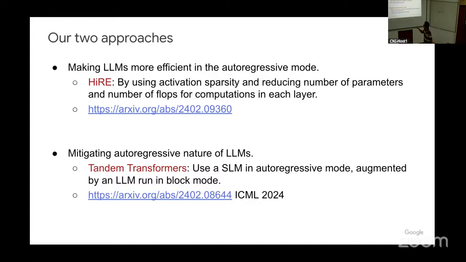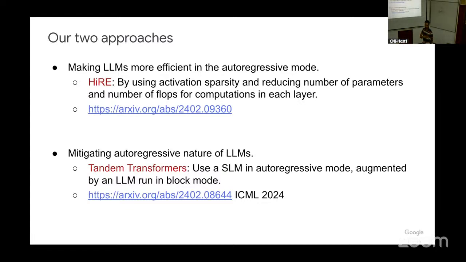Let me explain this in a bit more detail when we go into the HiRE method. The second approach is called tandem transformers, and the main idea here is to mitigate the autoregressive nature of LLMs. The high level idea is that we want to use a small language model in autoregressive mode, and a large language model which is augmented with it, to run in a block mode. So we generate maybe 5 tokens autoregressively using the small model.